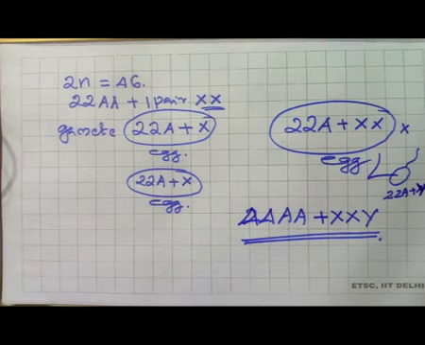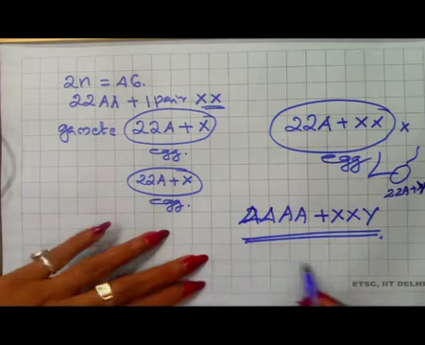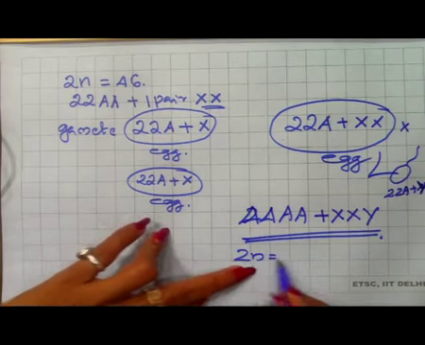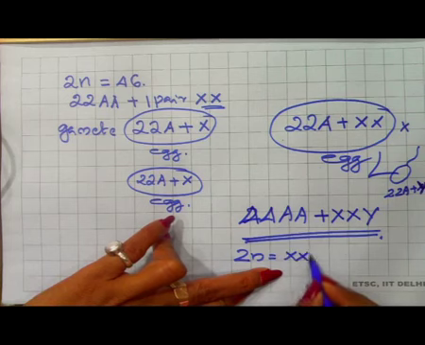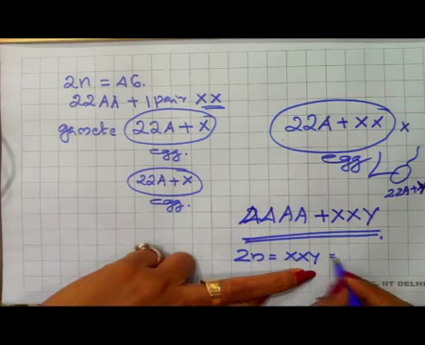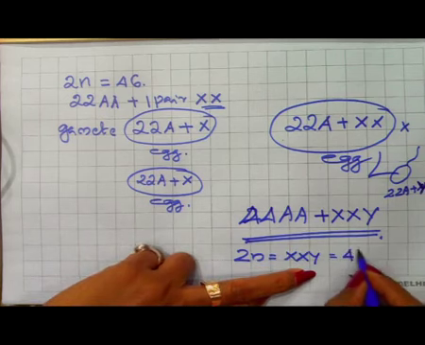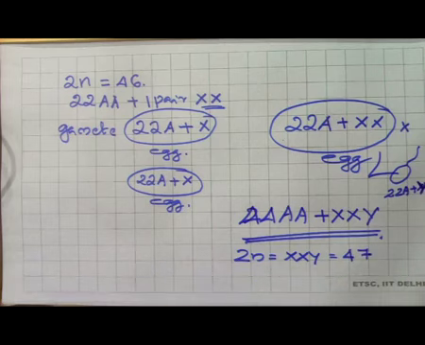So here the individual possesses 2n equal to XXY karyotype, that is equal to 47 chromosomes.